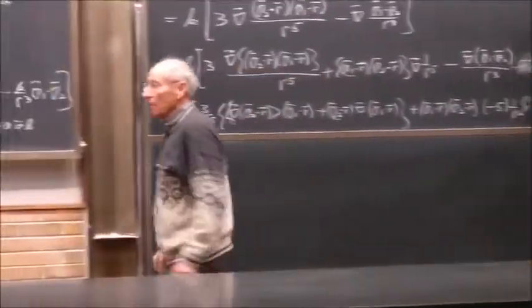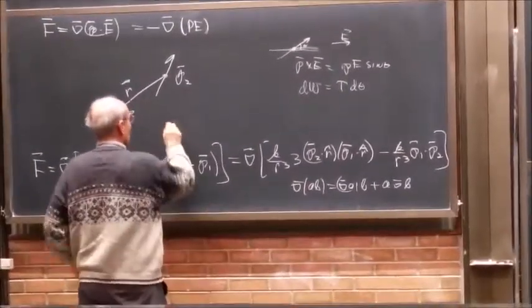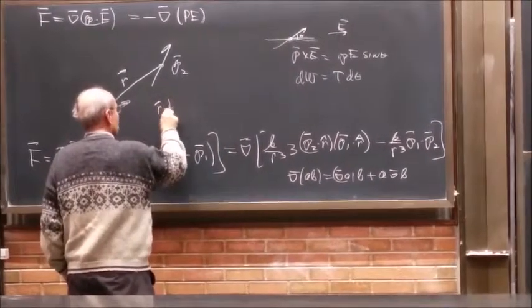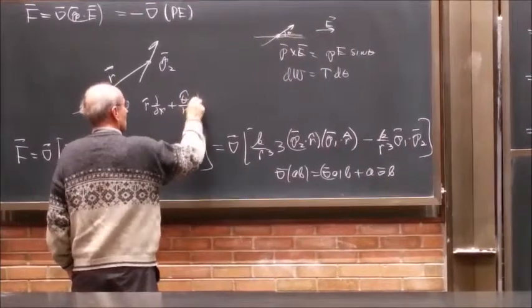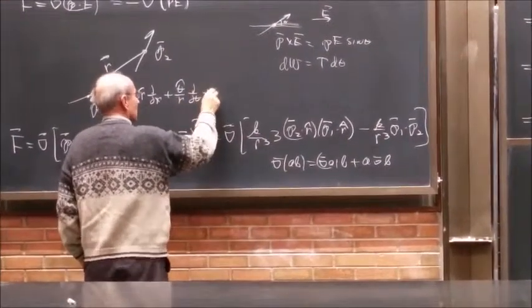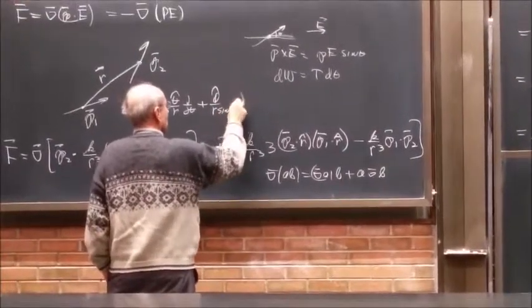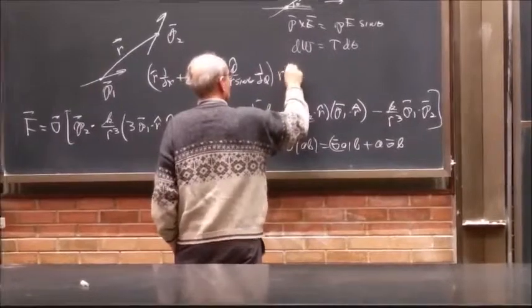And why is that? Because in spherical coordinates, you have r hat d by dr plus theta hat over r d by d theta plus phi hat over r sine theta d by d phi applied to r hat.